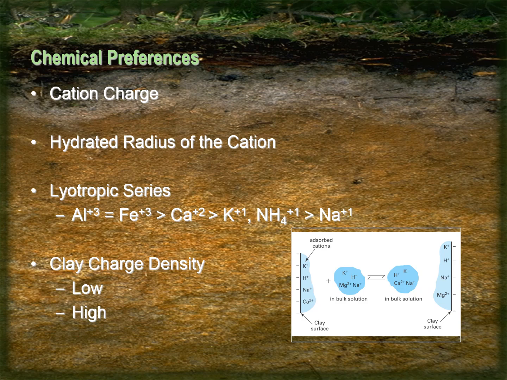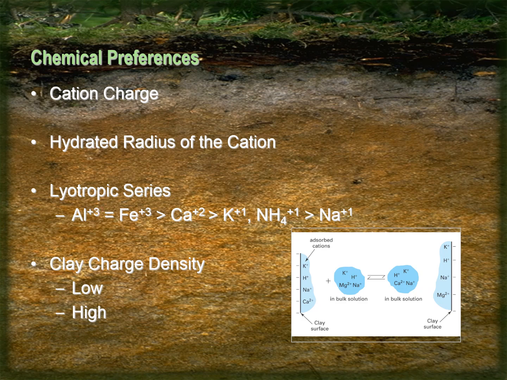The order goes: aluminum first, about the same as iron, and then calcium, potassium, ammonium, and sodium. So that means that, all other things being equal, if you have an equivalent amount of calcium and an equivalent amount of aluminum, the exchange site is going to prefer the aluminum over the calcium because it has a higher cationic charge.